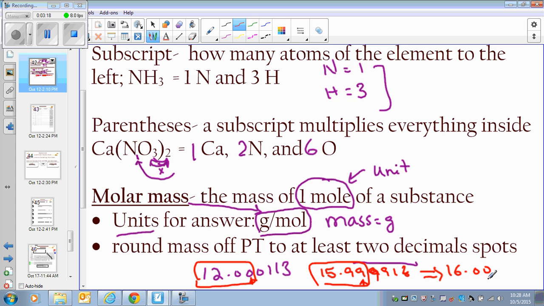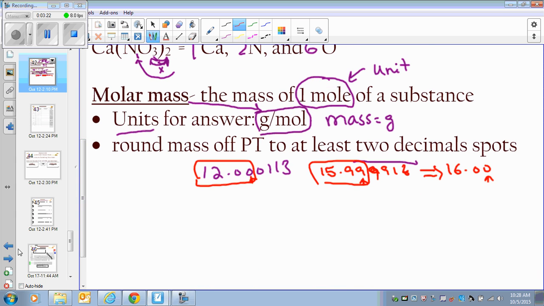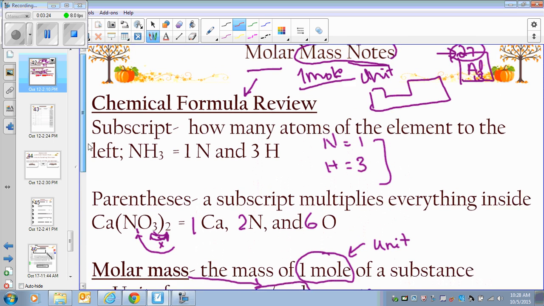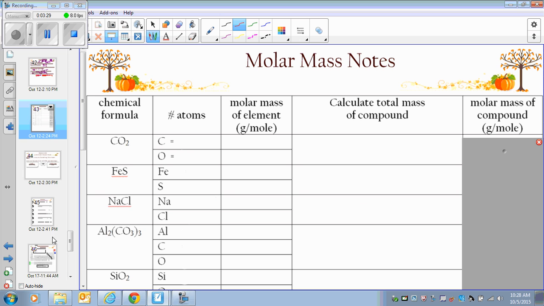You need to take it to the hundredths place. So again, for molar mass, you're getting the mass from the periodic table, and you're rounding it to the hundredths place.